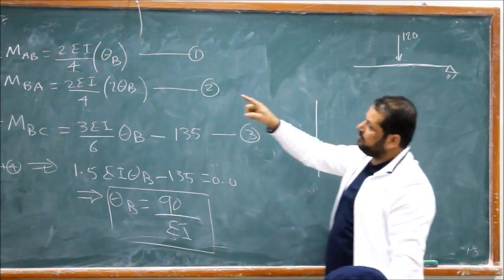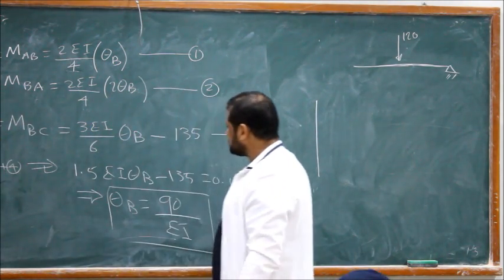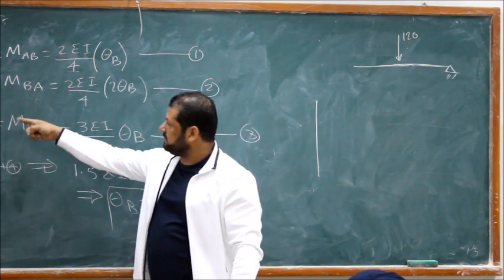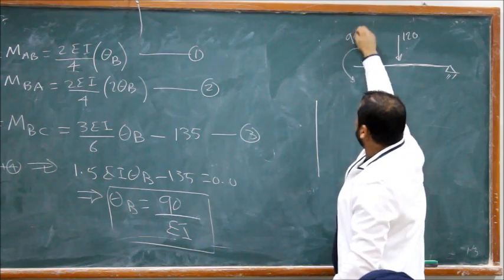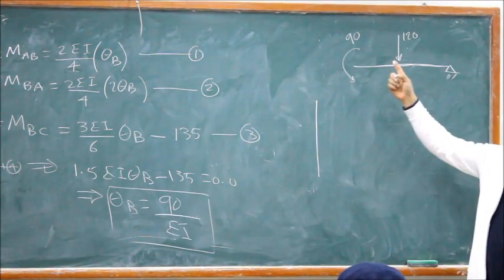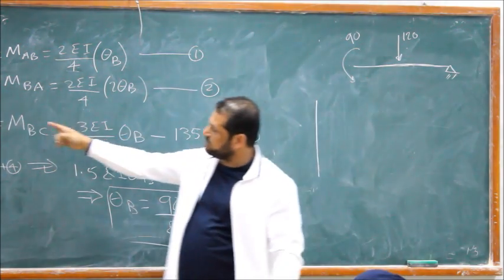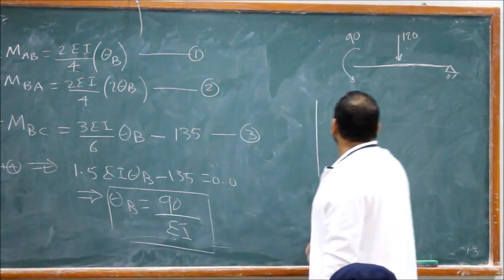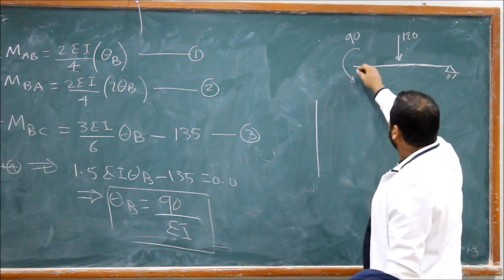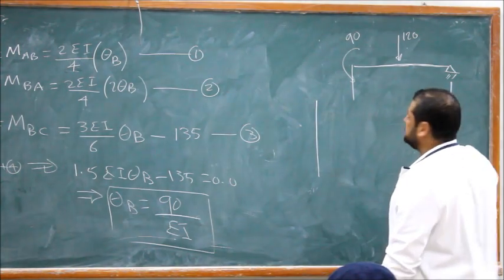We calculated MBC. How much? MBC minus 90 means 90, don't put minus 90. It's 90 in this direction. This minus means it's counterclockwise. So we have shear we need to calculate.